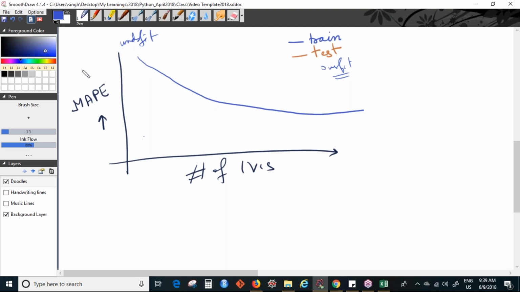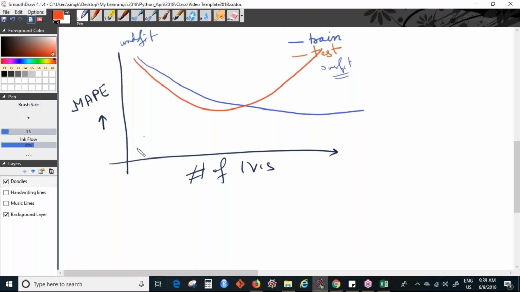Now tell me for test data. For test data, how will it look like? Yeah. So it will look like this. Okay. Initially, the error will be high because your model is underfit.